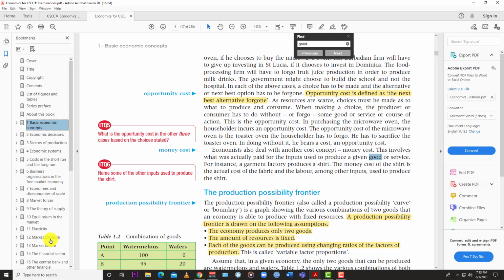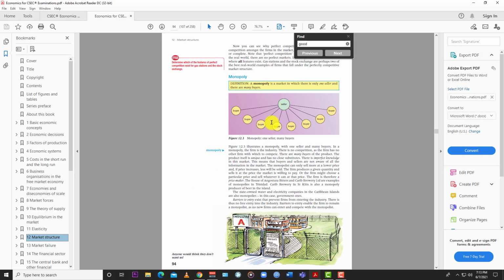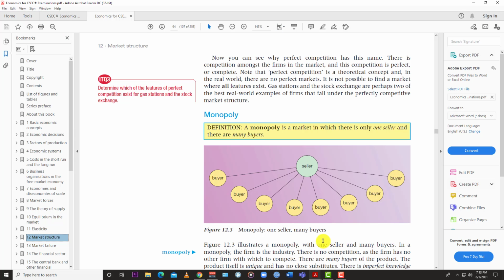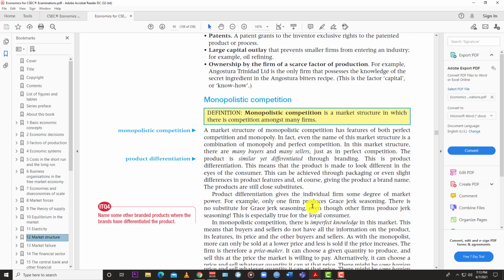So let's just look at the market structures here, so we can compare them in the textbook right now. We have monopoly right there. It's a market where there's only one seller and there are many buyers. For the monopolistic, many buyers, many sellers of goods that can be differentiated. And you have a nice table that outlines the differences.